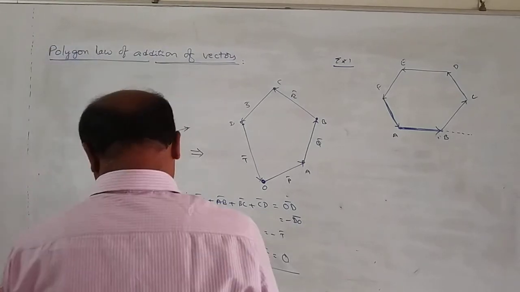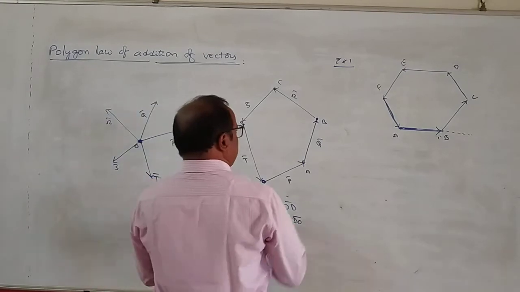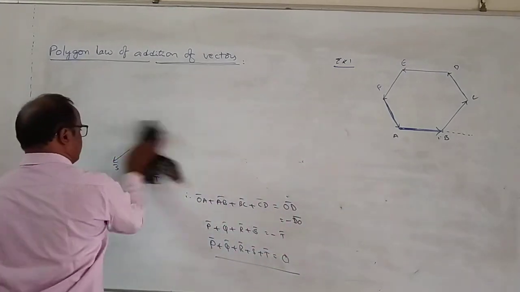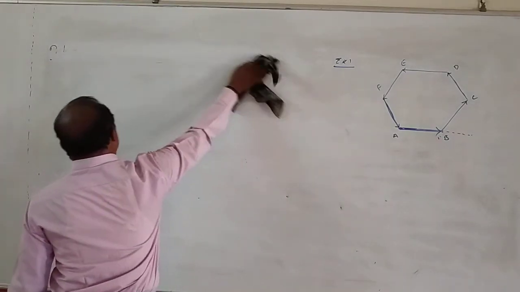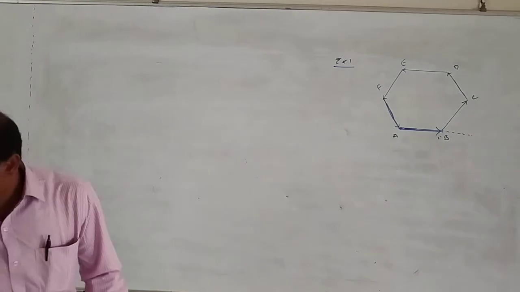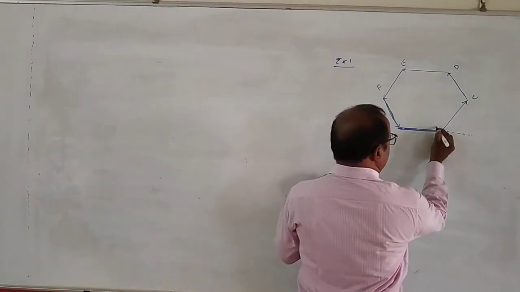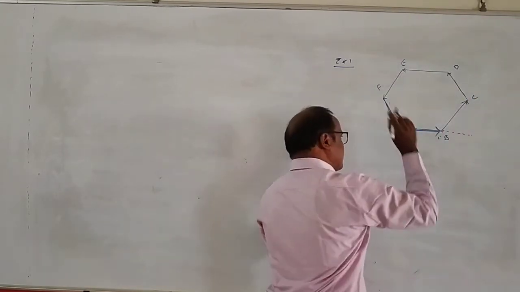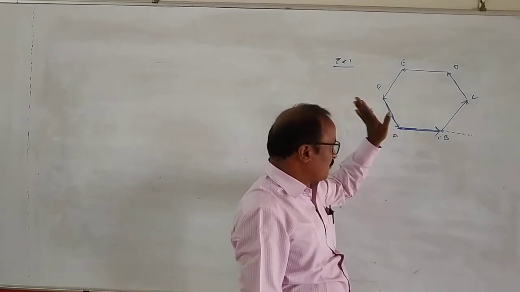See my dear friends, here is one of the most important examples for the polygon law of forces. In this example, it is given this is one of the forces, second force, third one, fourth one, fifth one, sixth one. All these forces are acting at a point O and the point is in equilibrium.